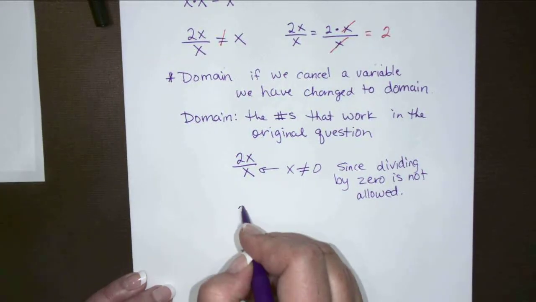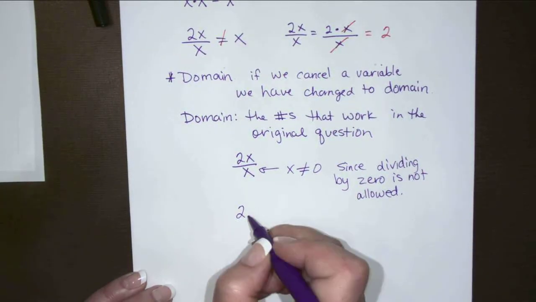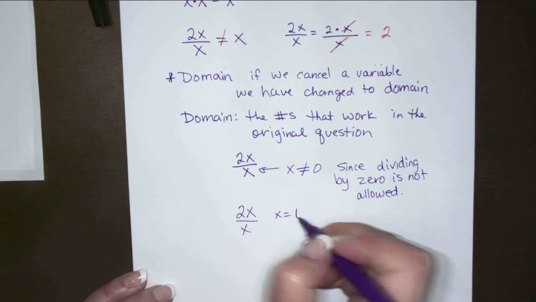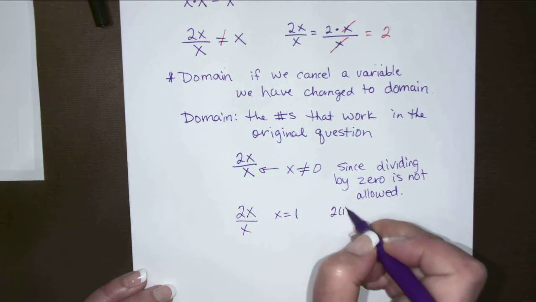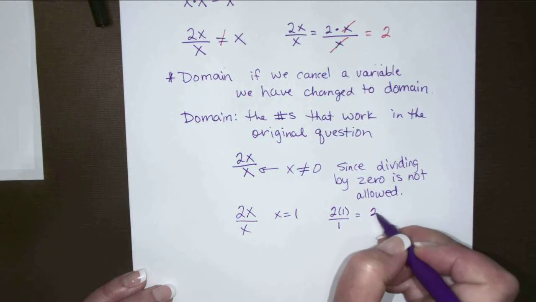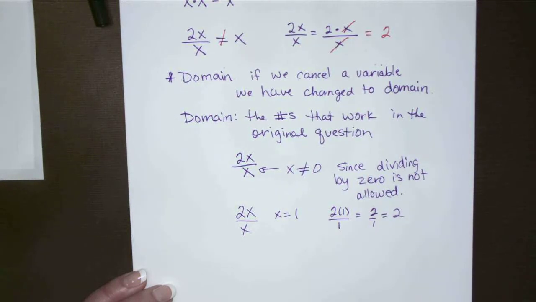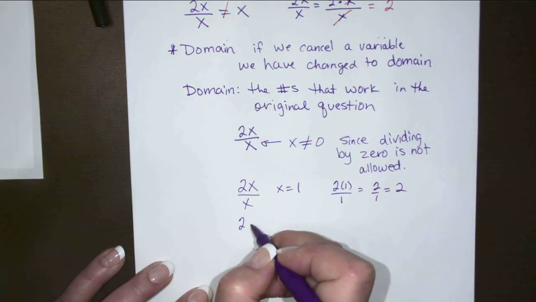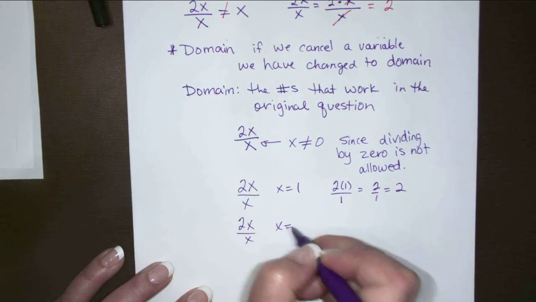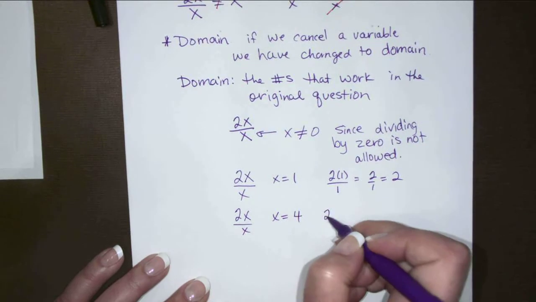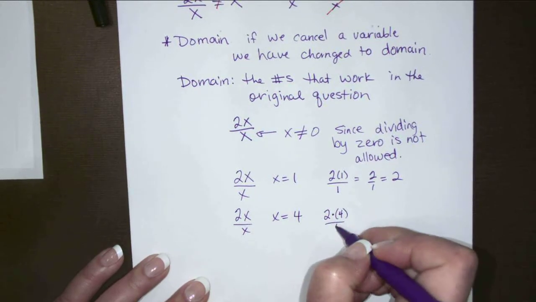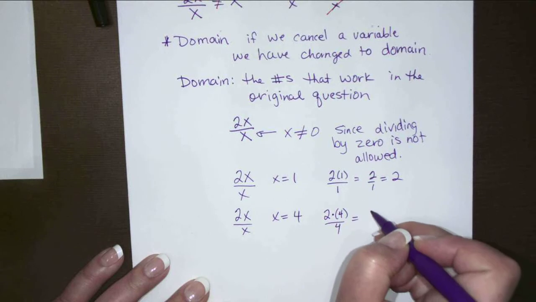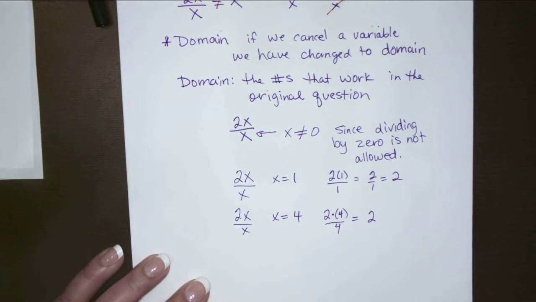So if I plugged in x as 1, what do I get? 2 times 1 over 1. 2. Do you agree? What if I plug in x is 4? 2 times 4 over 4. Isn't that still equal to 2? Because the 4's will cancel.